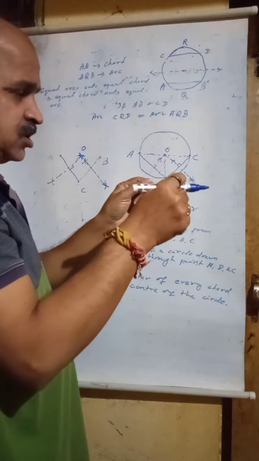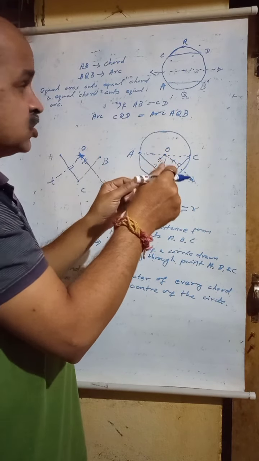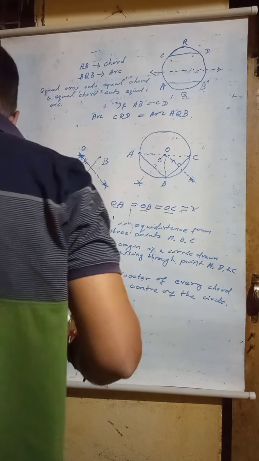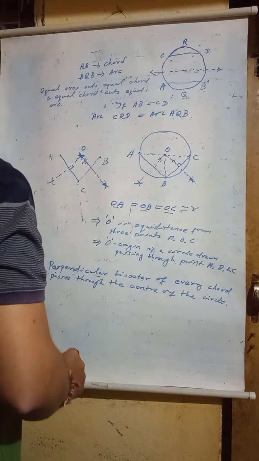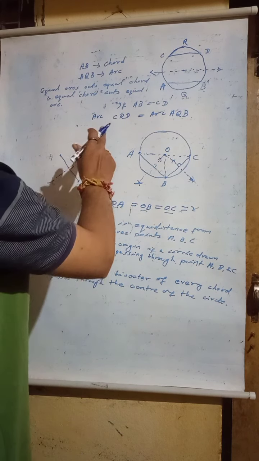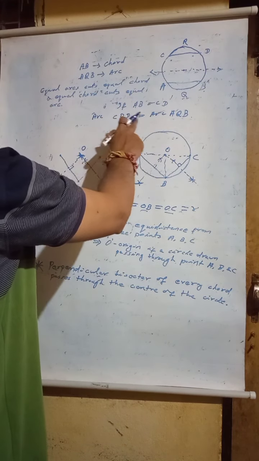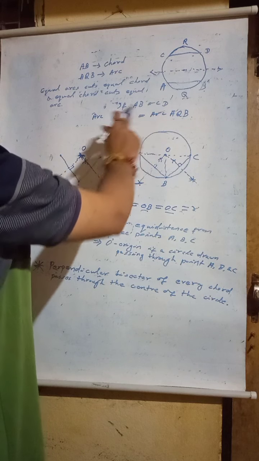After cutting the paper, we can match it. So both will be equal. So in a circle, if two chords are equal, then the arcs are equal.